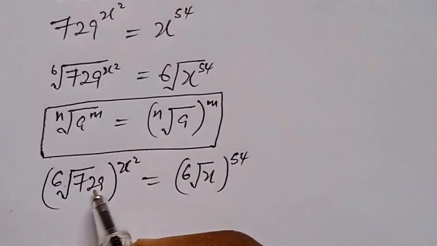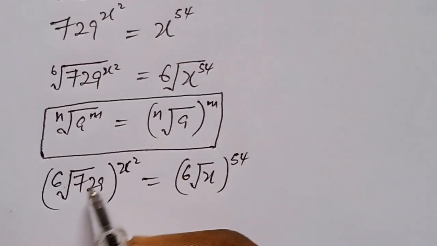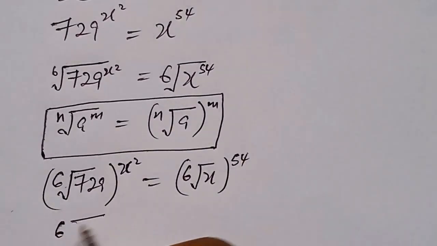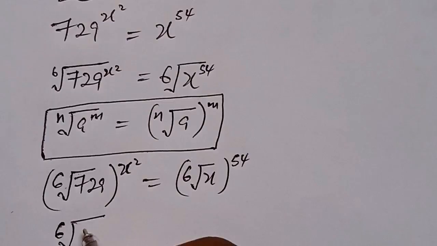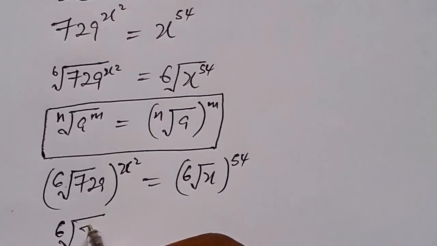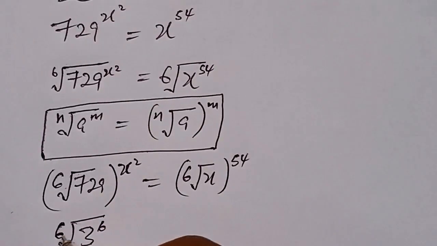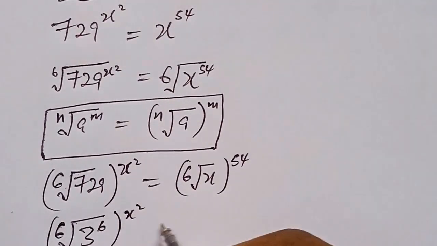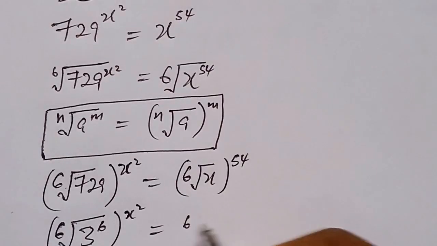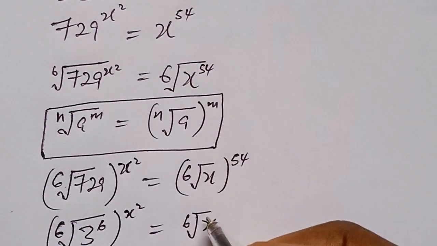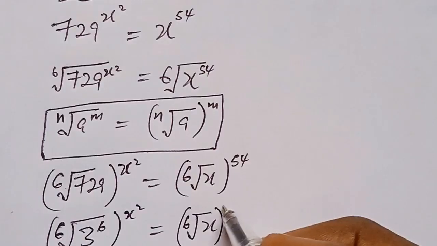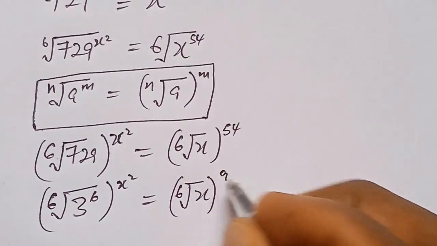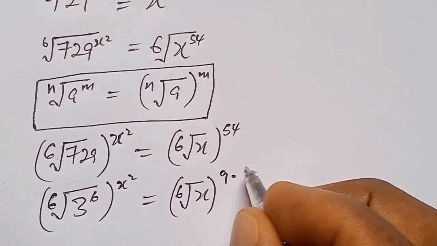Now we simplify this expression in this radical. 729, the 6th root of 3 to the power of 6 will now be in brackets to the power of x squared, then the 6th root of x to the power of 54, which is also given as 6 multiplied by 9.